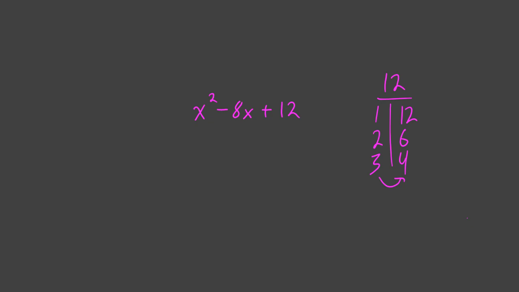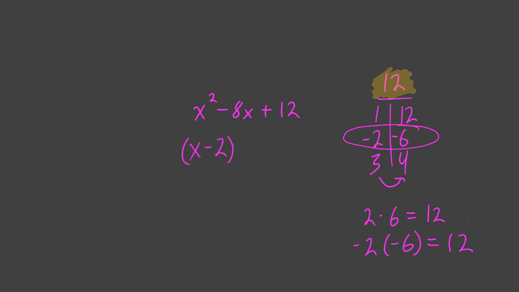We need two numbers that multiply to +12. 2 times 6 equals 12, but also -2 times -6 equals +12. So if we make both negative, that will add up to -8. So that will be our pair. x minus 2, x minus 6. We are done.